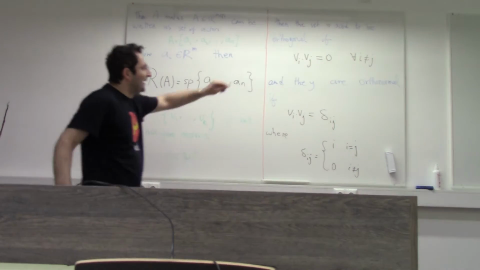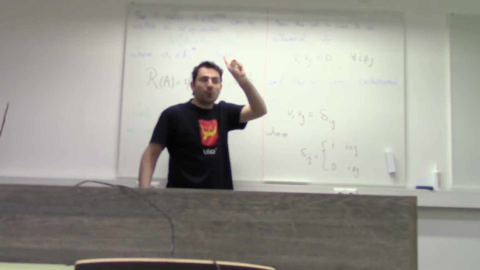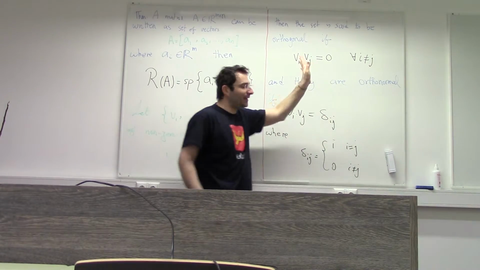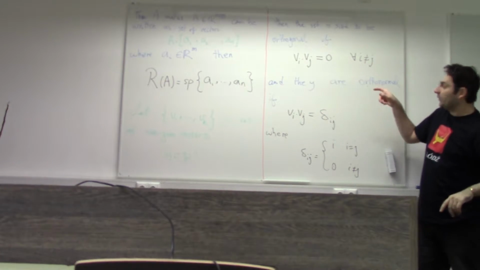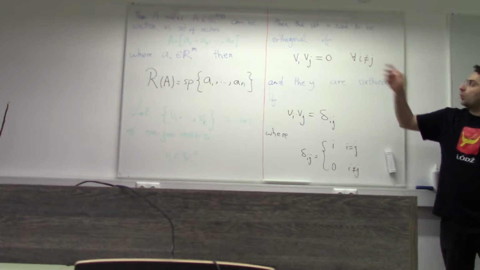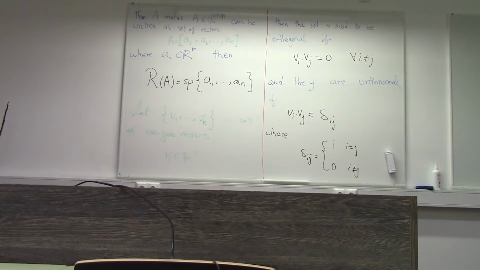So as Donna said, if this multiplication is 1 when i and j are equal, we call it orthonormal. In general, orthogonality is not necessarily orthonormality, but orthonormality means they are also orthogonal.